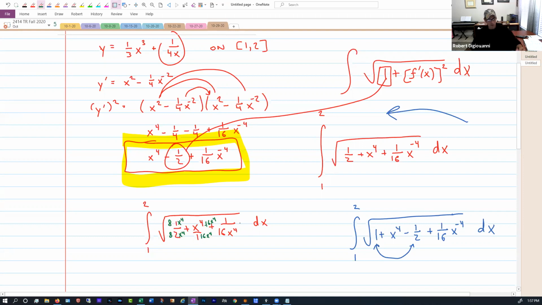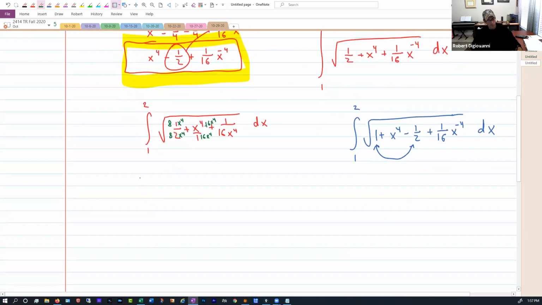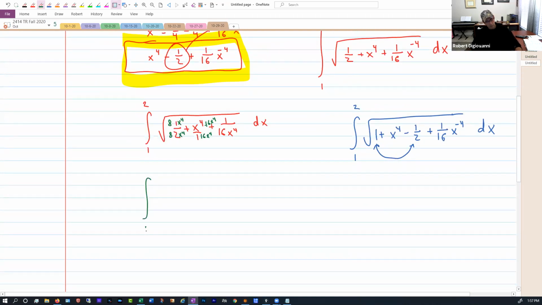And then the last one, I don't need to do anything. So now that they all have the same denominators, the new numerator is going to be 8x to the 4th plus 16x to the 8th plus 1, over 16x to the 4th dx.